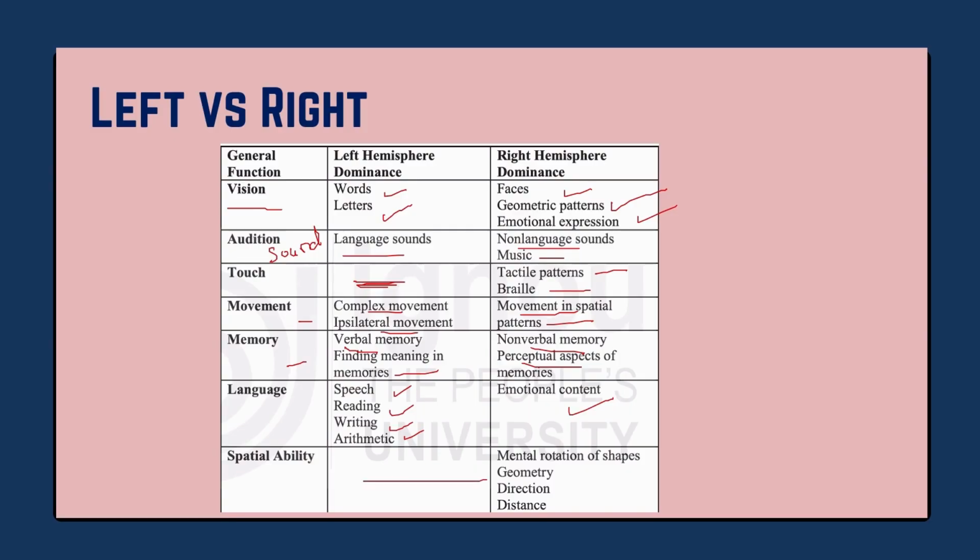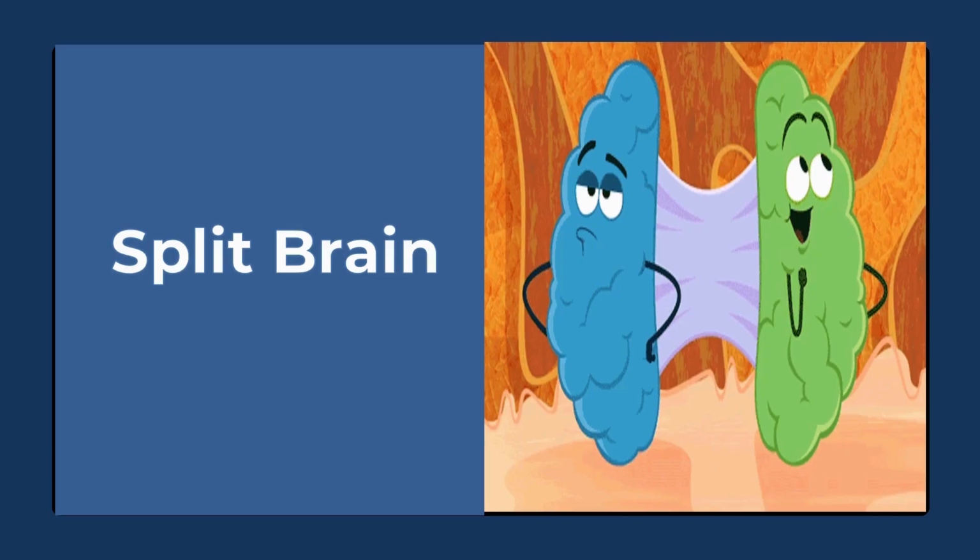Spatial ability, again, it's all right hemisphere. Mental rotation of shapes, geometry, direction and distance. So these are some of the functions where it is believed that left hemisphere is dominant and where right hemisphere is dominant. But we know that both the hemispheres coordinate with each other to bring out the functions of the brain.